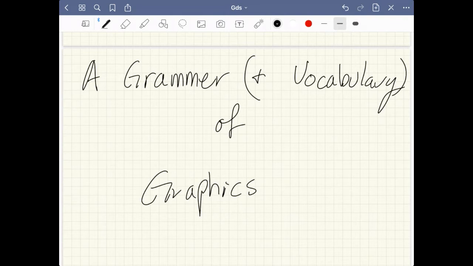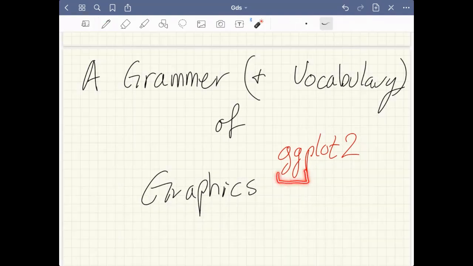Okay, so today I'd like to talk to you a little bit about the thinking behind one of the software packages that you've been using a lot in this course, which is ggplot2. So we'll be talking mainly about what this GG stands for and how you can think about that when you're working with your data.